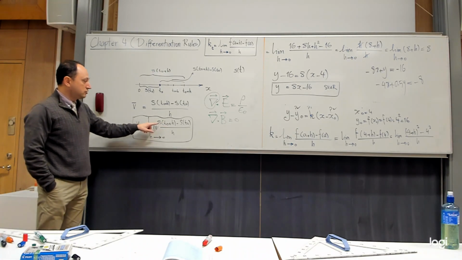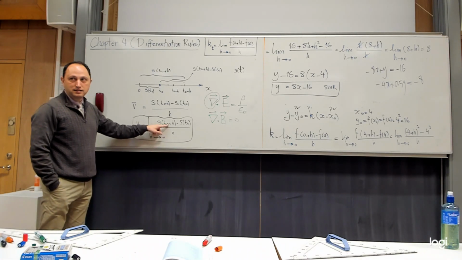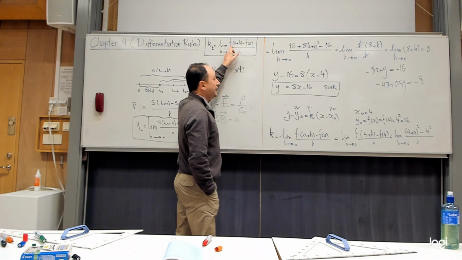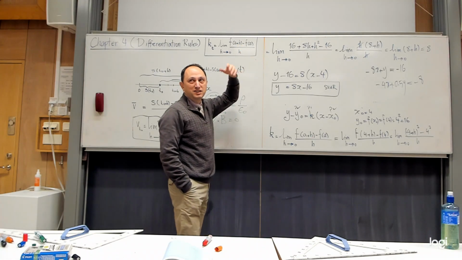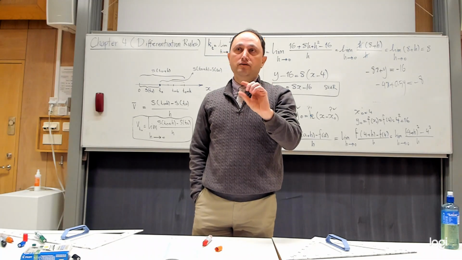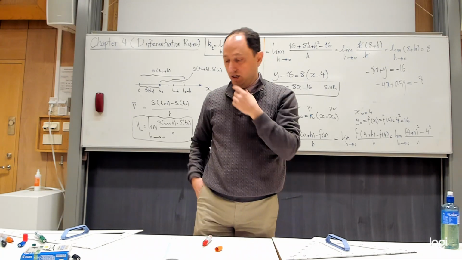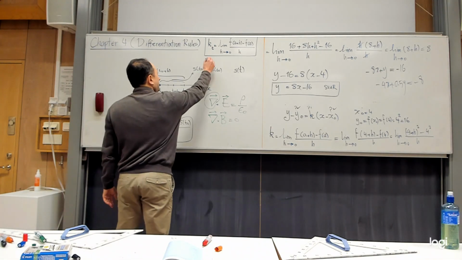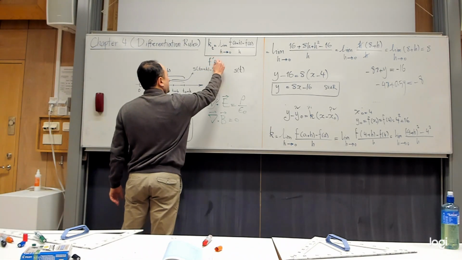This is called the derivative of s at t node, and this is called the derivative of f at a. So we give it a name. And a name is not enough in mathematics; you should also invent a symbol for that. The symbol mathematicians have used so far is just f prime of a.